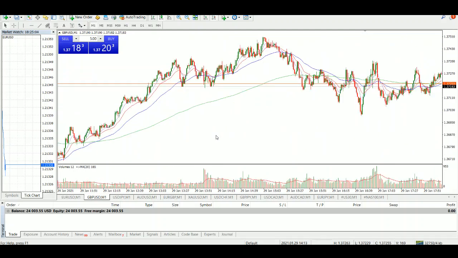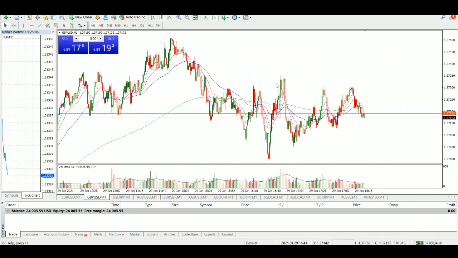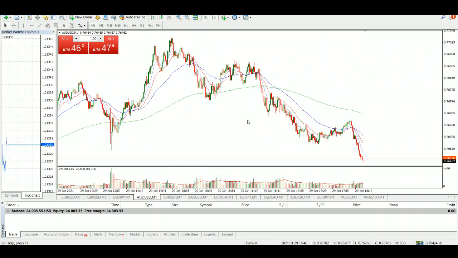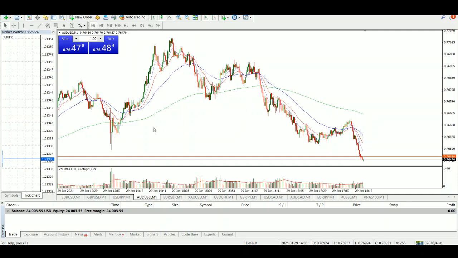The best opportunities always come after some ranging mode like this one. For example, here on AUD dollar, it was in a ranging mode. Price was reaching EMA 200, moving very shortly away from it and reaching it again. So put your focus on it, and then you will ride this downtrend.